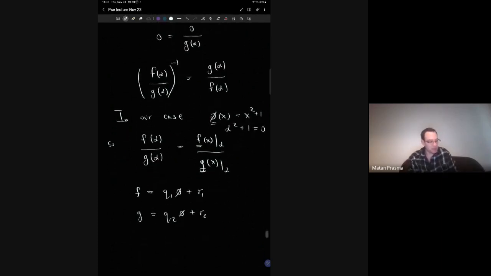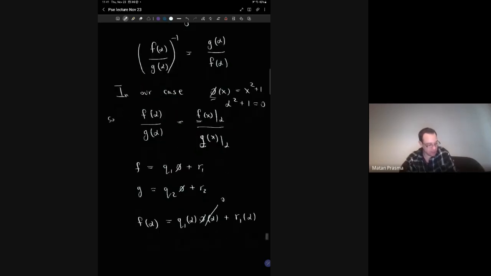And since alpha is a root of the polynomial phi, when I substitute alpha in f, I get q1 of alpha times phi of alpha, plus r1 of alpha. But phi of alpha is 0, right?